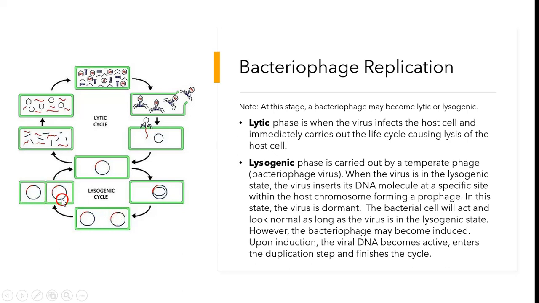And so each and every new bacterial cell is going to have the viral DNA with it until the conditions change. And then once the conditions change, it all of a sudden induces that viral DNA to become active, and then it forces it from the lysogenic stage into the lytic stage.